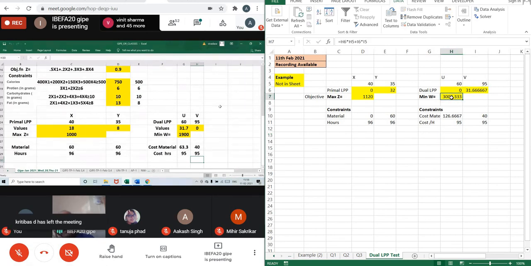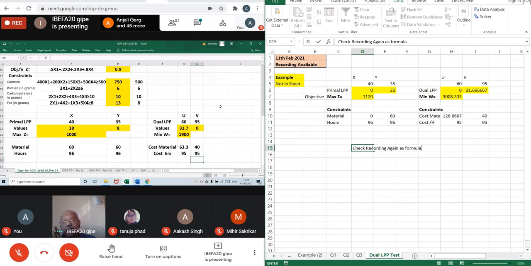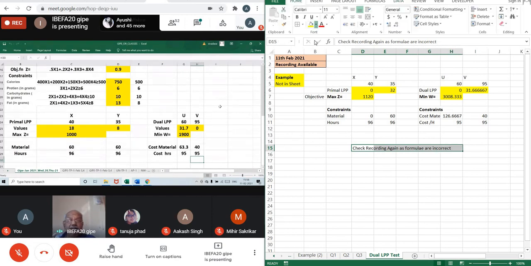Is it possible now without hours? You have solved the LPP. So according to the solution, minimum expenditure involved 1900 rupees, and for that much expenditure you are getting 1000 rupees as the profit, 18 and 8. But this is non-integer, so I want to make that as integer.